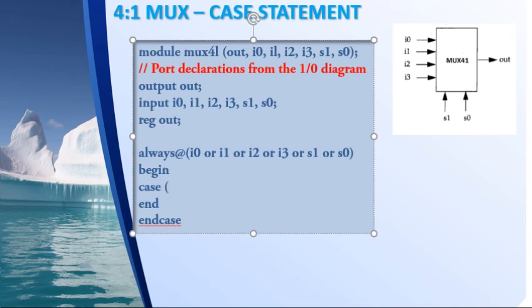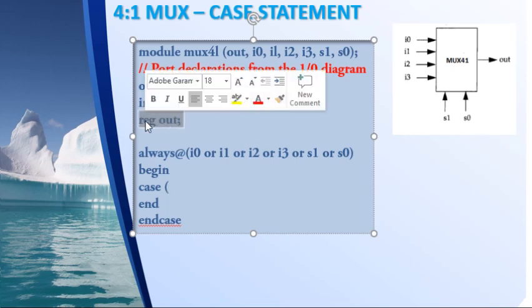Now the case expression. Before that, whichever output signal we are going to use inside the always block needs to be declared as a register. That is why I have reg out.